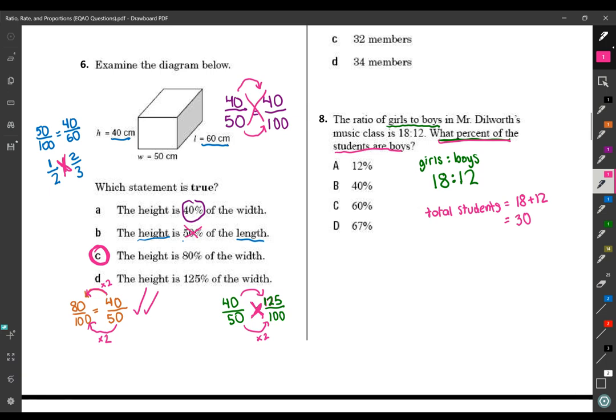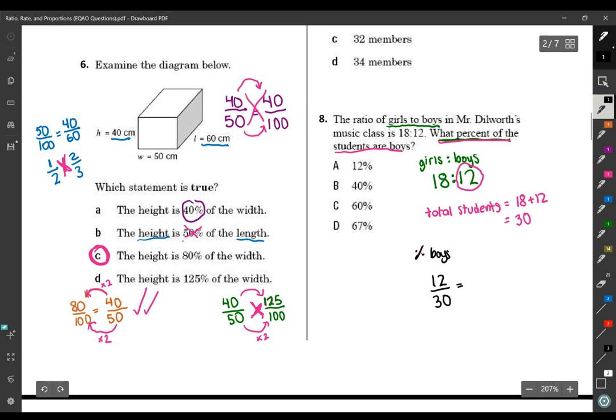So to find the percent that are boys, and remembering that 12 is the number that goes with boys, we say 12 over 30, and because it wants a percent, we want to find x over 100.